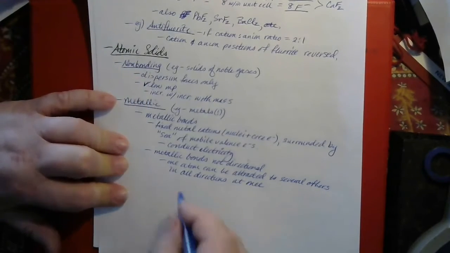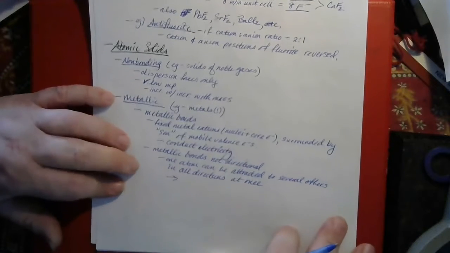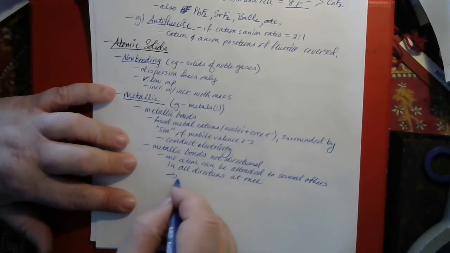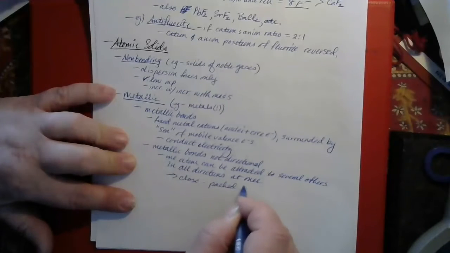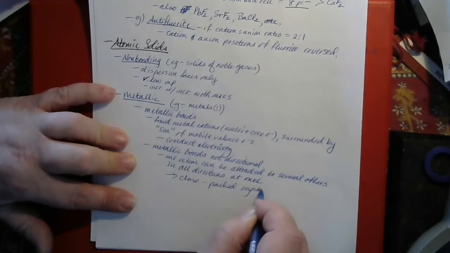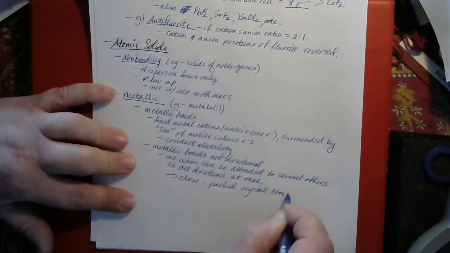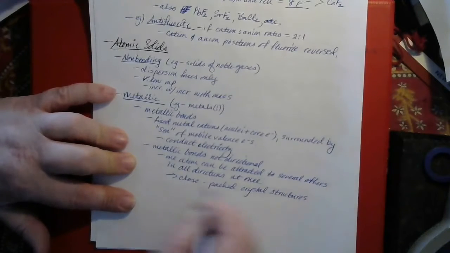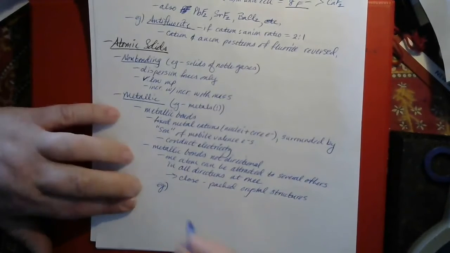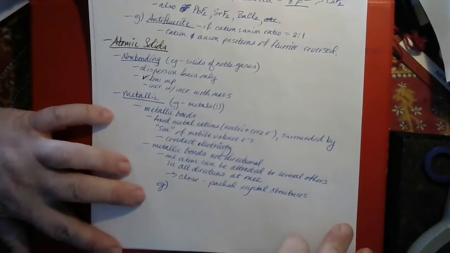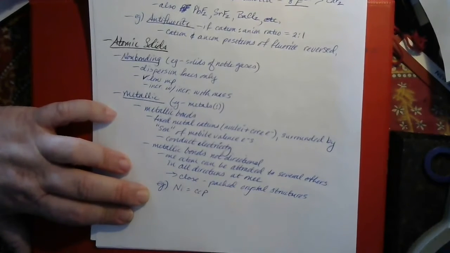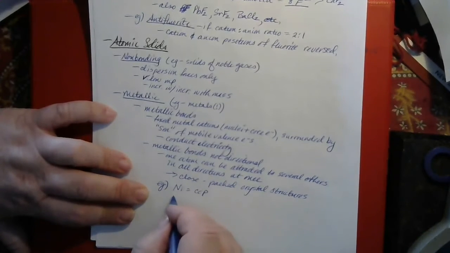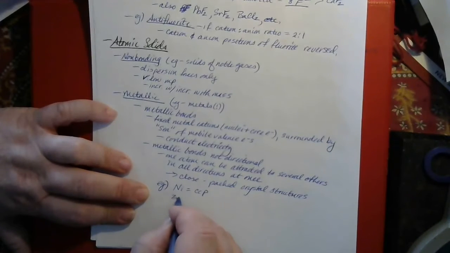Because of this, they tend to form close packed crystal structures, although different metals form different types of crystal structure. Nickel is cubic close packed, and zinc is hexagonal close packed.